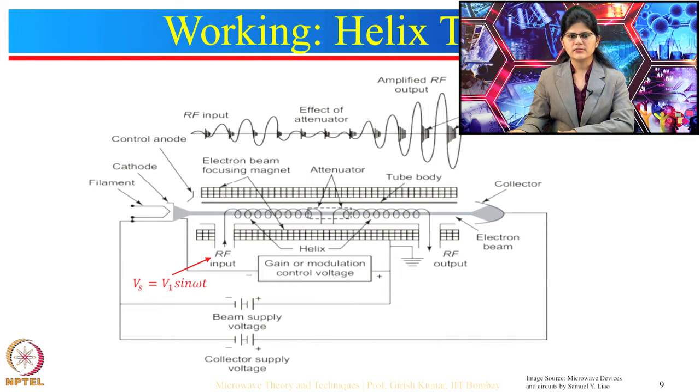The amount by which the velocity of electromagnetic wave is decreased can be decided by the number of turns of the helix and the diameter of the helix. So, this is all about the working of helix travelling wave tubes.